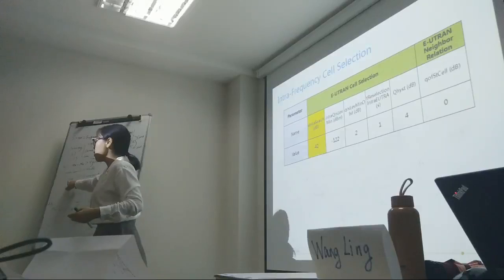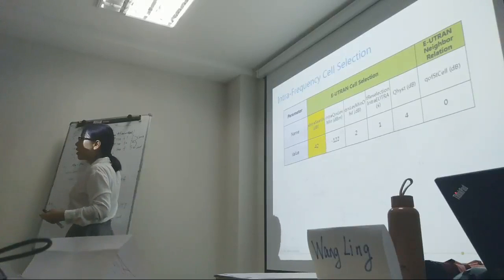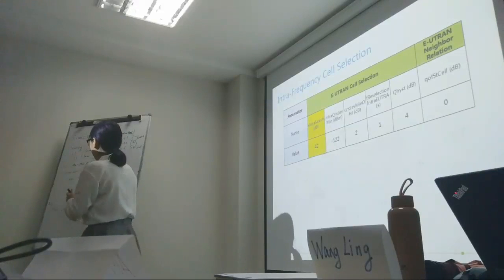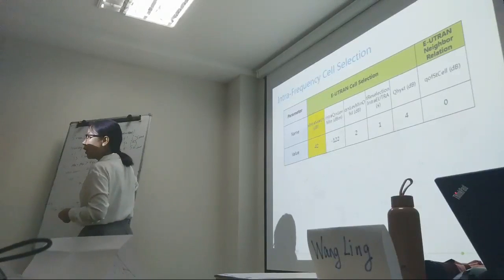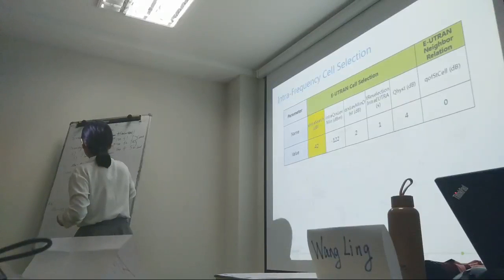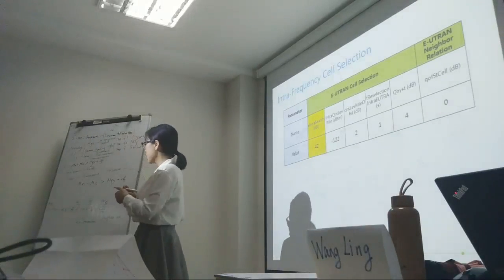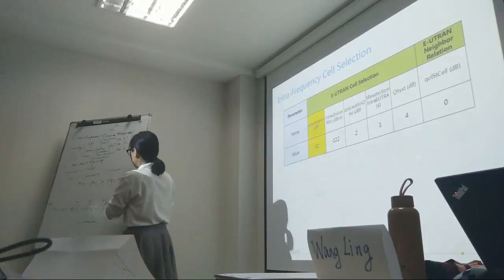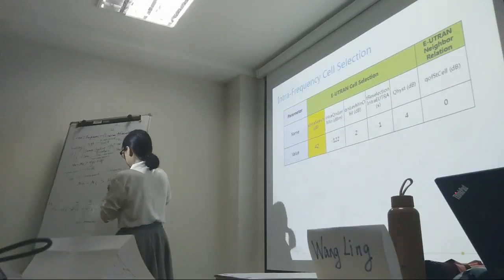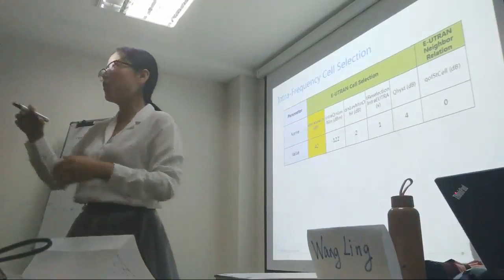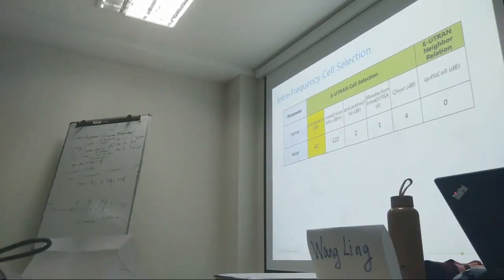The received S equals the received RSRP minus the threshold RSRP. Calculate it, use your pen, not your eyes.